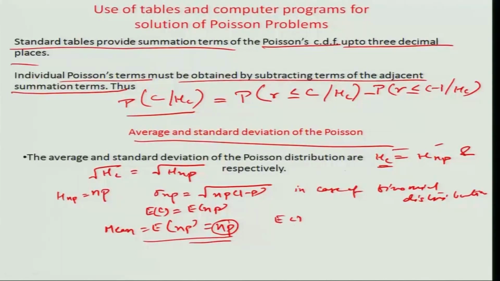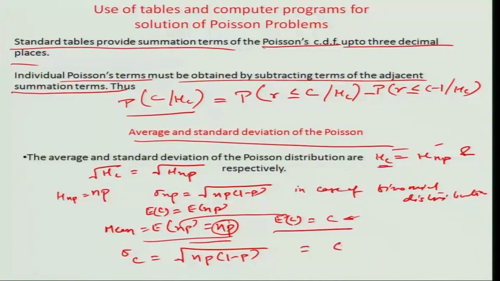So, if the occurrence is very large here, c is np, so it basically becomes c. Okay, so that is the mean of the distribution, and the sigma of the binomial distribution in this particular case, being root of np times (1 minus p), can be represented as root of c times (1 minus c by n), or in other words you can represent this as root of c, as the size of n is very large.